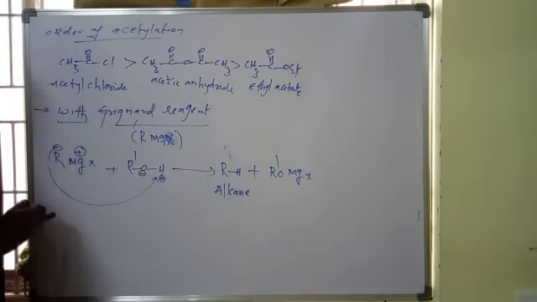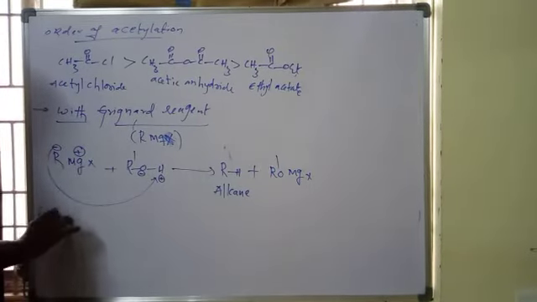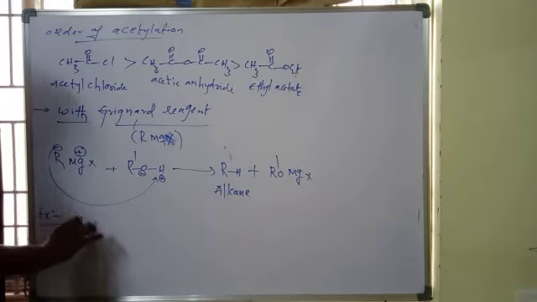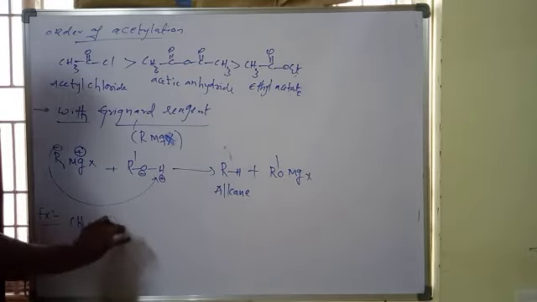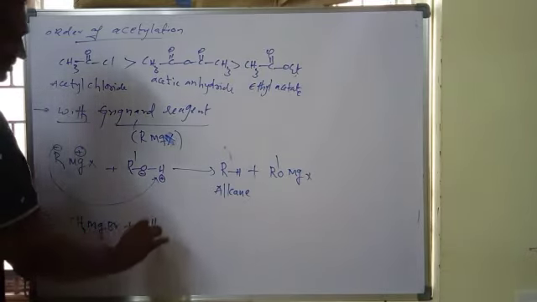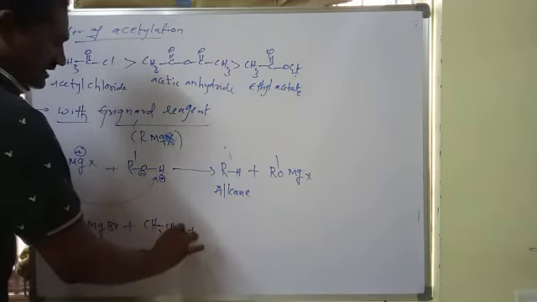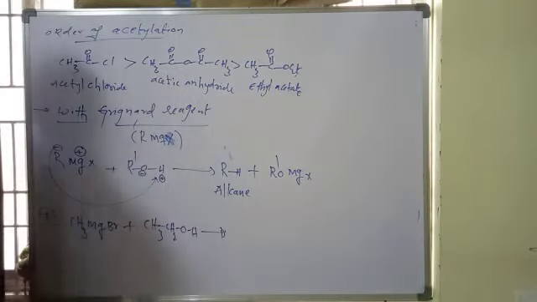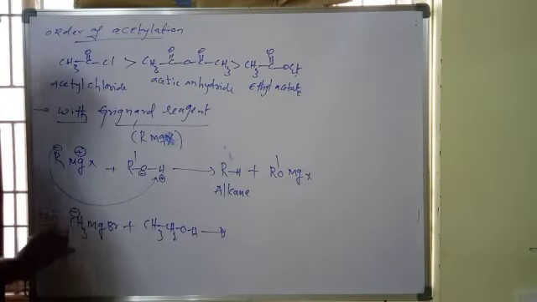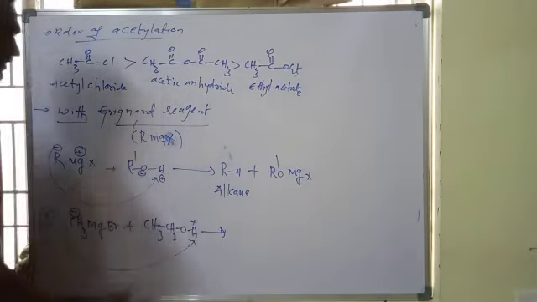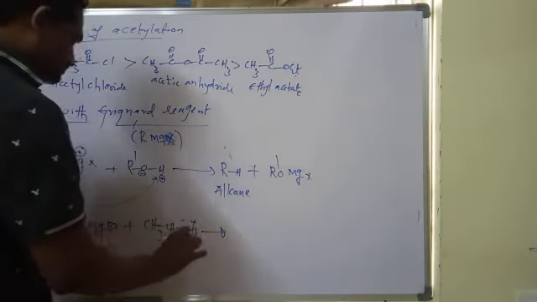I will give some examples. For example, methyl magnesium bromide reacts with ethanol, ethyl alcohol, so this minus part takes the H plus.